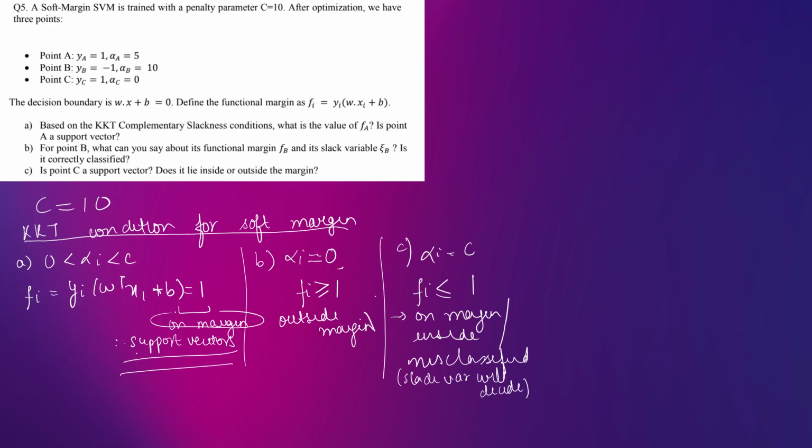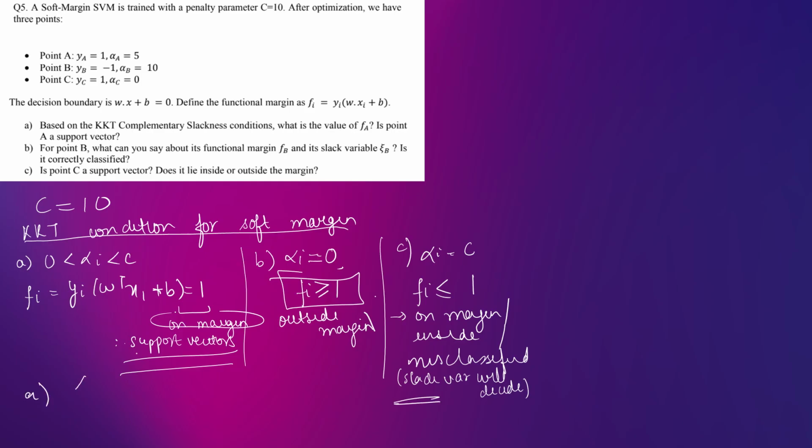If alpha is equal to 0, that means this function value is always greater than or equal to 1, that is outside your margin. If it is equal to C, it is less than or equal to 1. So there could be three cases: either it's on the margin, inside, or a misclassified point. So this will be decided based on a slack variable.